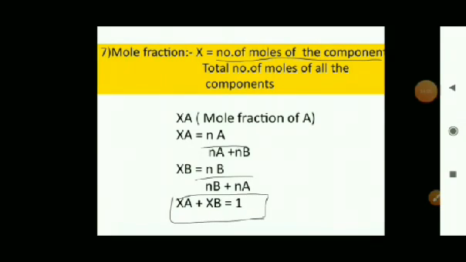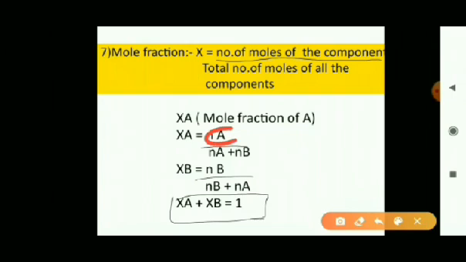So there are two components. Suppose the two components are A and B. The mole fraction of A will be written as XA, equal to the number of moles of the component A divided by the total number of moles of all the components, that is Na plus Nb.